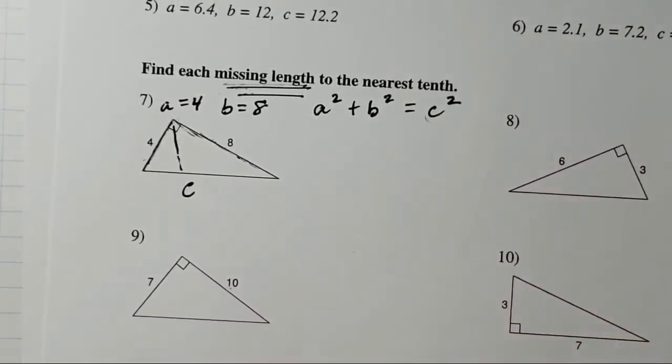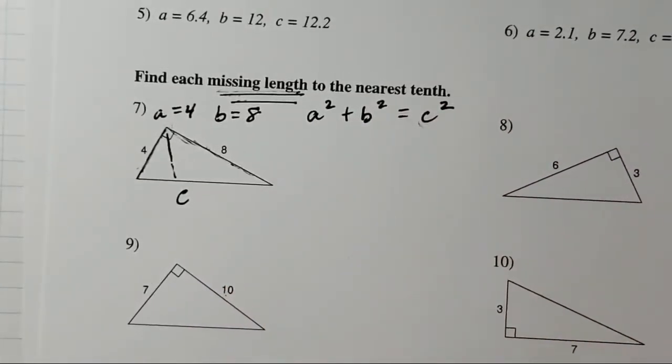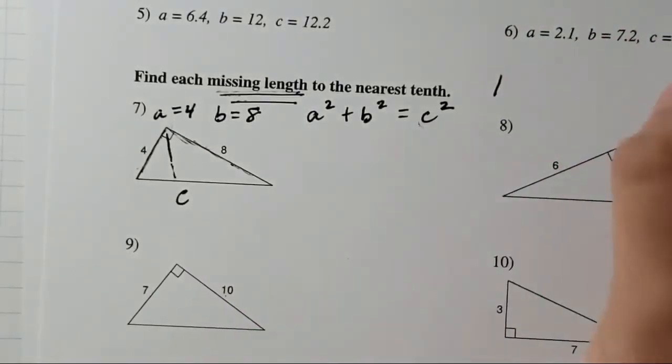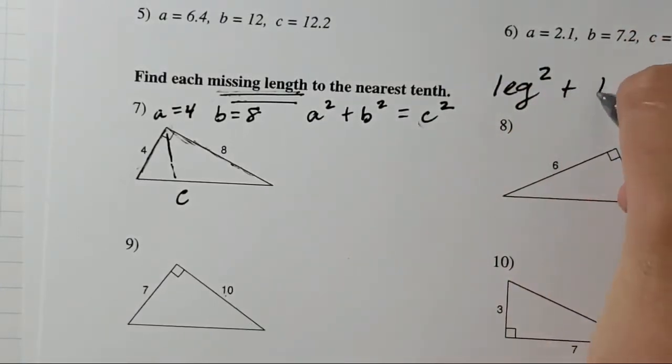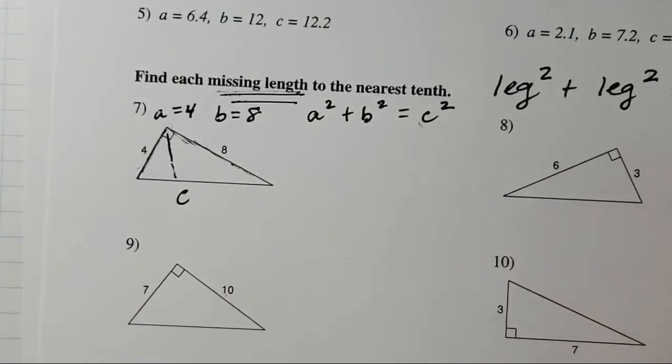Another way to write this equation, how I wrote it in class, is instead of a squared plus b squared equals c squared, you can think of it as one of the legs squared plus another leg of the triangle squared is equal to the hypotenuse squared. All right, that's all that's going on in this case.